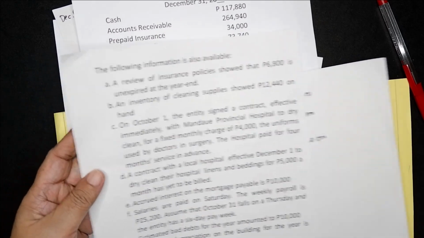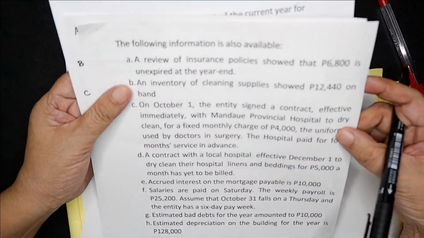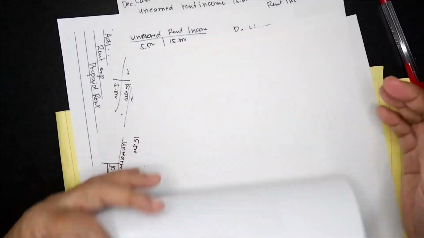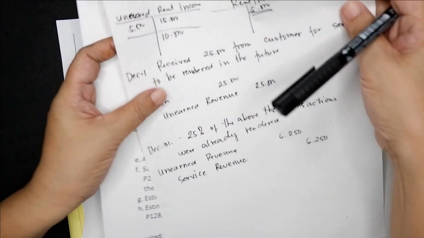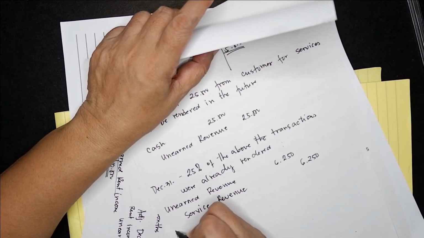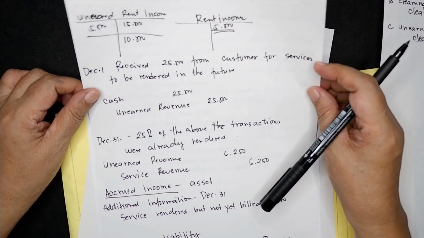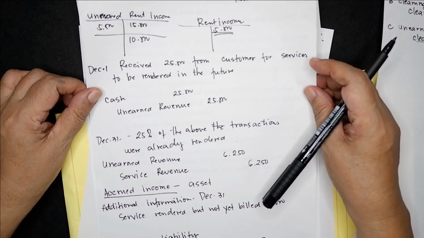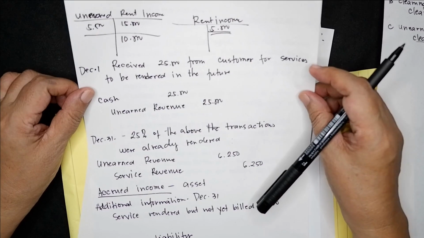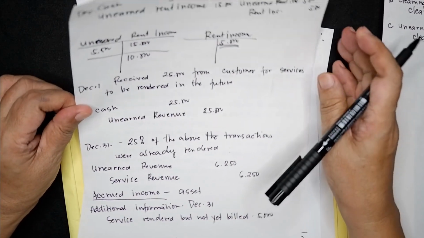Okay. Then the next one is accrued income. An asset because it is already earned. We already delivered the service, but our customer hasn't paid us yet.